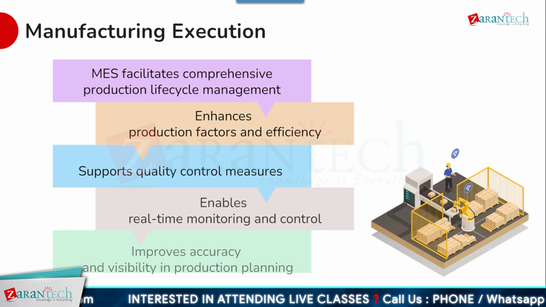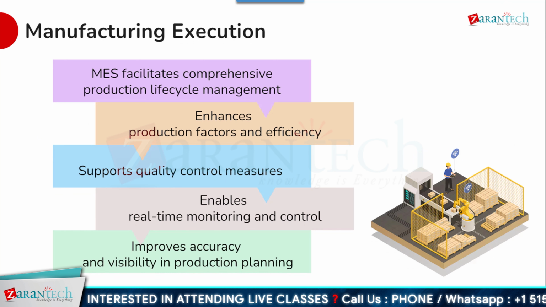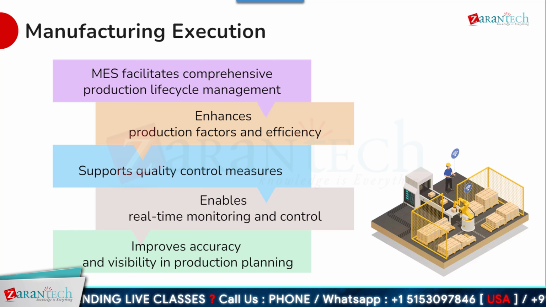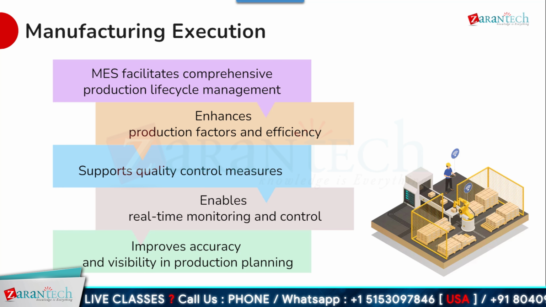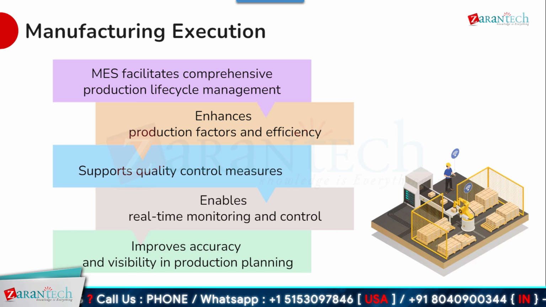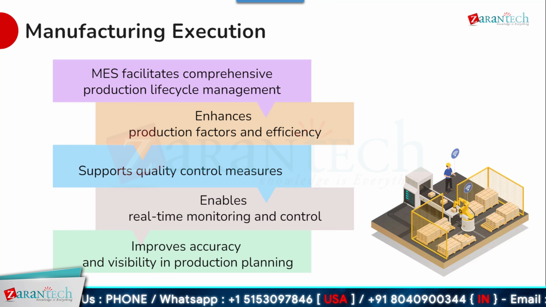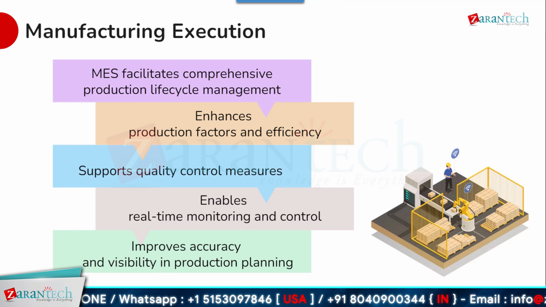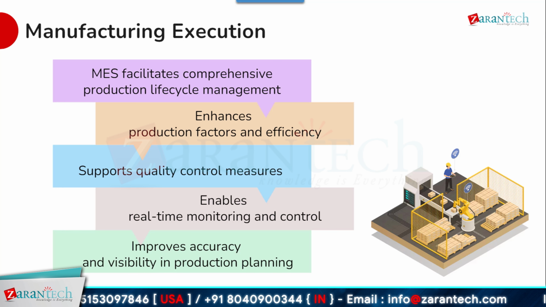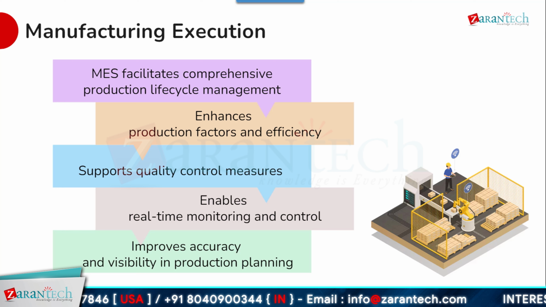Now, moving on to the next functionality, which is manufacturing execution. So, manufacturing execution systems, or MES, play a very crucial role in PPDS by facilitating comprehensive production lifecycle management. MES enhances production factors and efficiency by providing real-time visibility into shop floor operations. It supports quality measures by tracking and monitoring production processes.